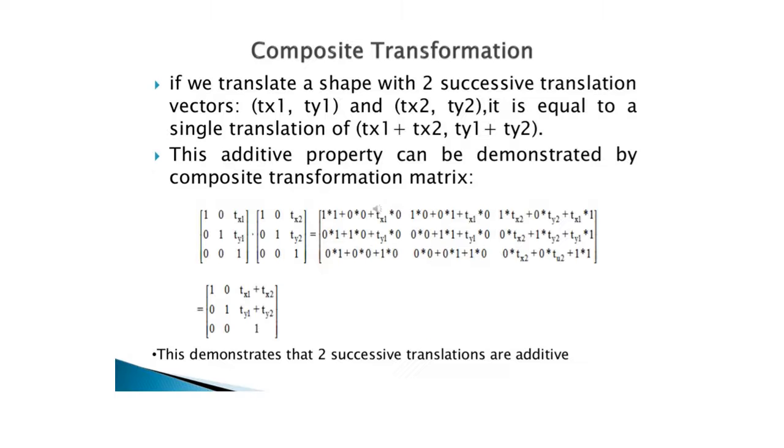If we translate a shape with two successive translation vectors, tx1, ty1 and tx2, ty2, it is equal to a single translation of tx1 plus tx2, ty1 plus ty2. This additive property can be demonstrated by the composite transformation matrix given here.